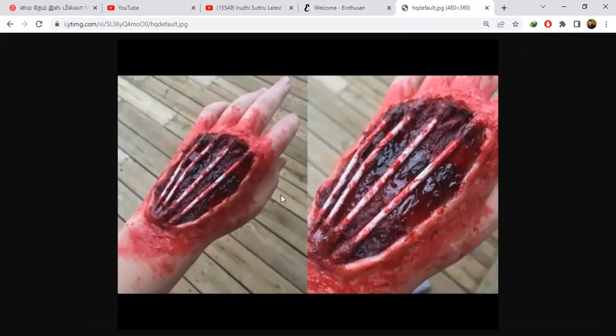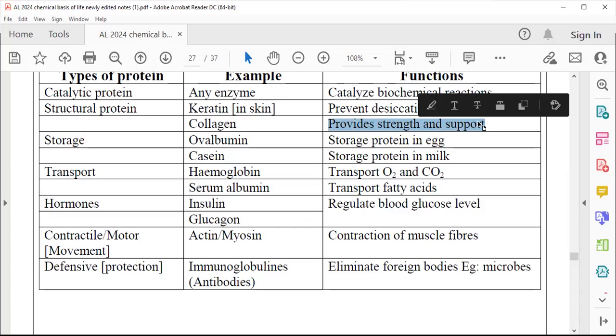Can you see the tendons? These tendons are made of the protein called collagen. Collagen provides strength and support.